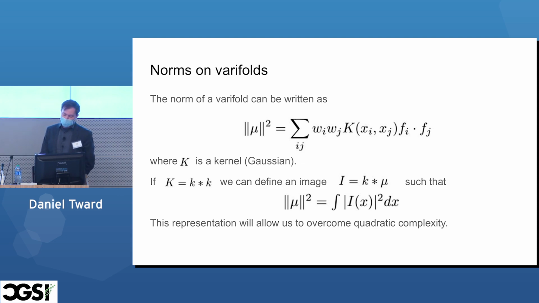And then the norm of the varifold is just the integral sum of squares of this function. This representation is useful mathematically because it allows us to look at neighborhoods of cells, where a neighborhood is defined by the width of this Gaussian kernel K. And it's very useful computationally because it allows us to reduce an n squared complexity calculation down to an order n complexity calculation.